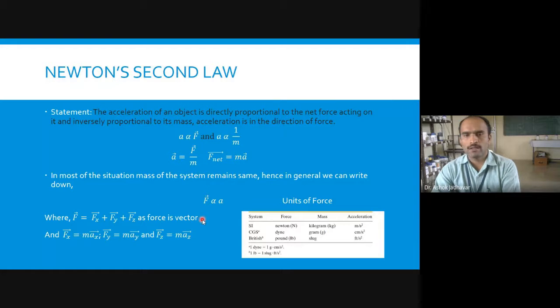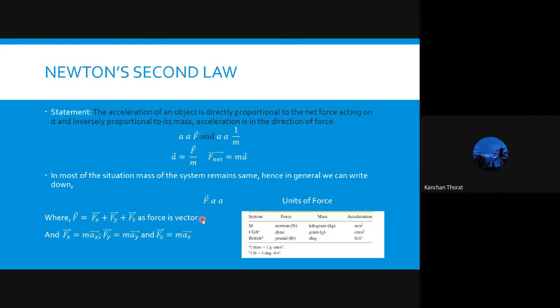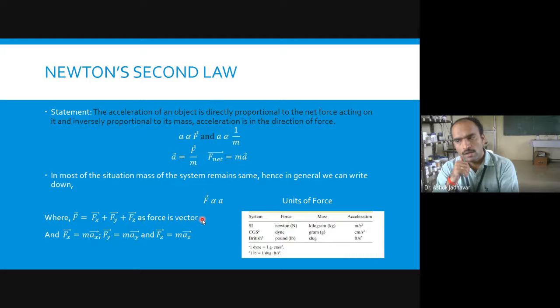If you look at the units of force, can anyone tell me what is the unit of force? Newton. The SI unit of force is Newton. The SI unit of acceleration is meter per second square, and the SI unit of mass is kilogram.